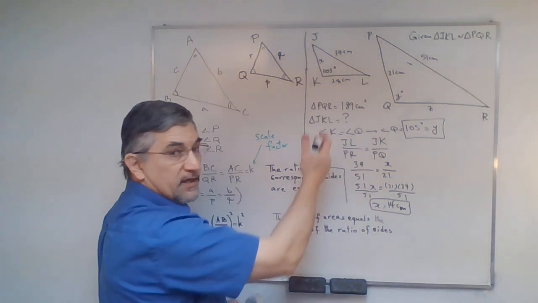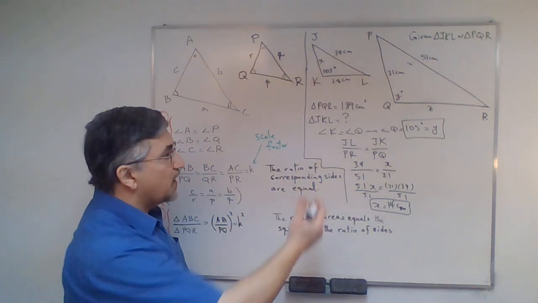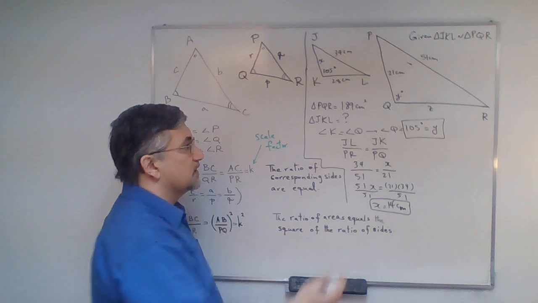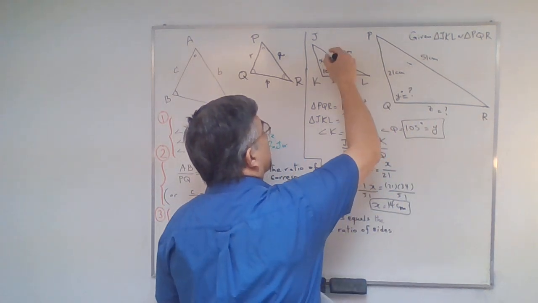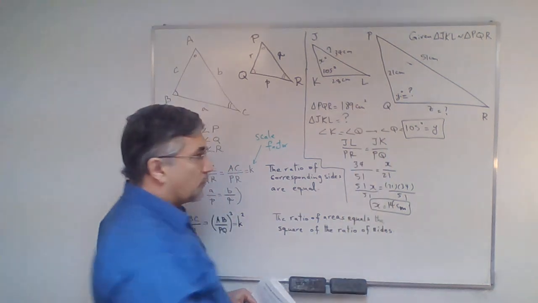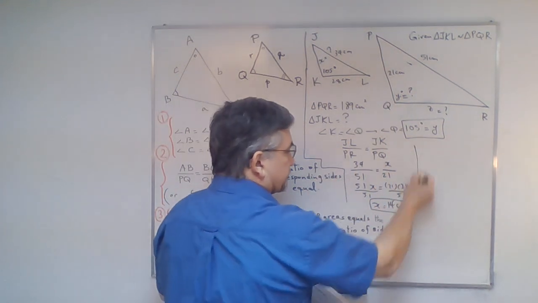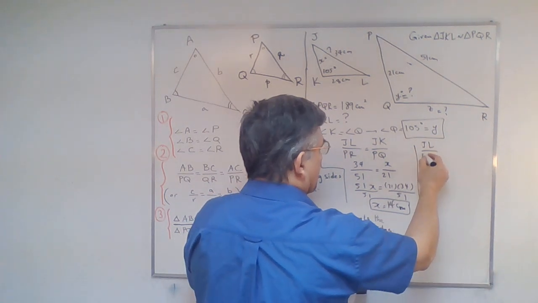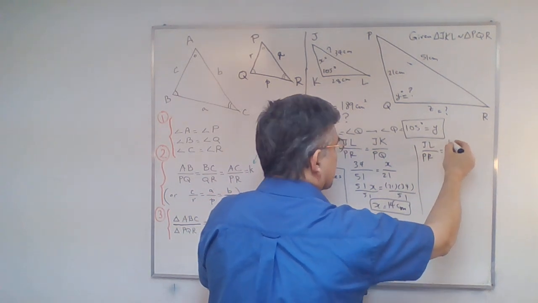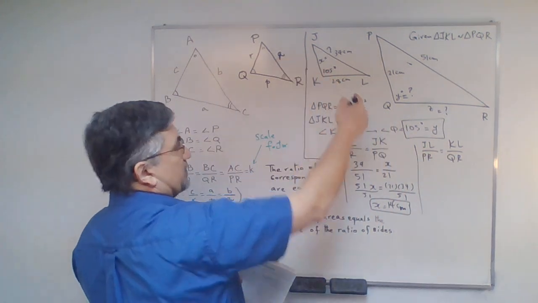So we found Y, 105 degrees. We found X, 14 centimeters. Now we go after side Z. In order to find Z, we're going to use the other ratio. We're going to say JL over PR is the same as KL over QR. JL is 34.